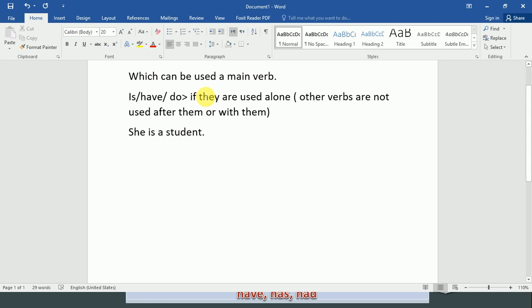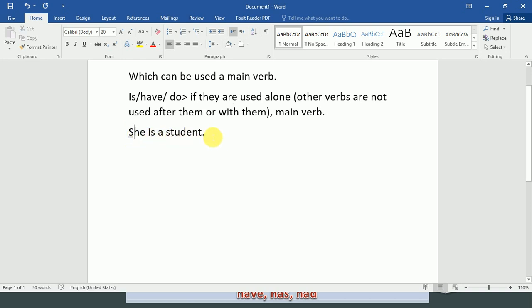Dear students, if these are used alone, meaning no other verb comes after them in the sentence, then we call them main verbs. Just like here in this example: she is a student.